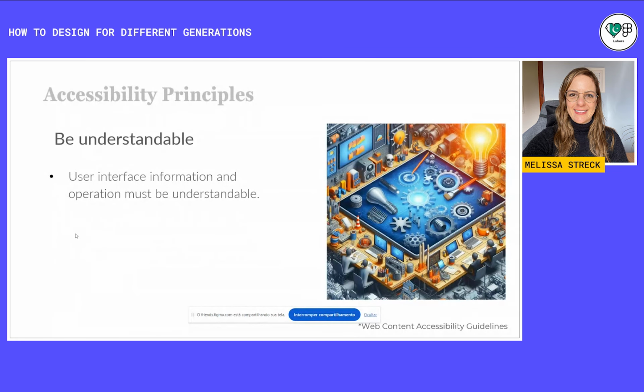The next one, the third one, is to be understandable. So the user interface information and operation must be understandable. The users need to understand what the interface is communicating. When we design an interface, we are creating a dialogue with the users.